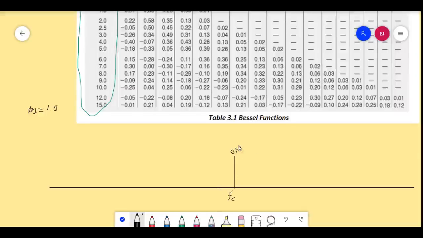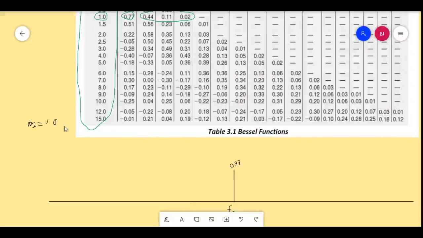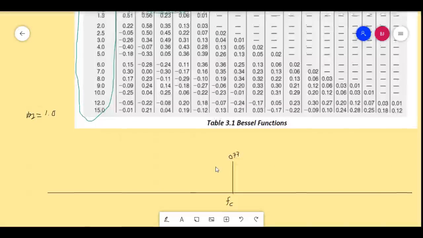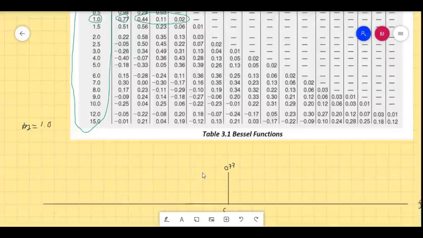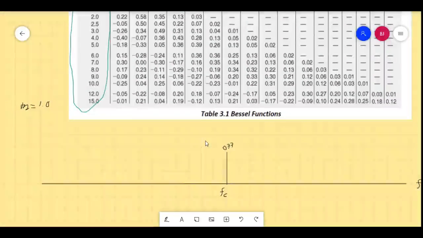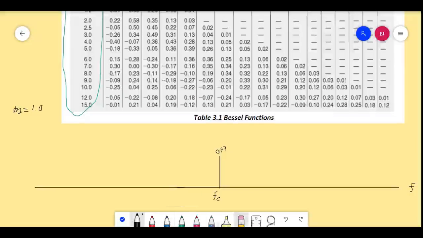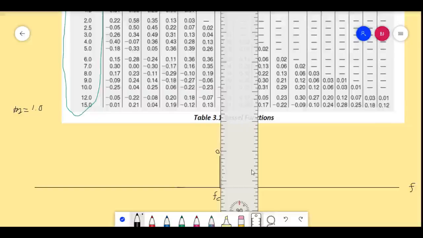So again, this part here is represented by this one. We have a modulation index of 1. We draw the carrier first, put a vertical line corresponding to 0.77. Next, we put in our first set of sidebands. Now, it should be smaller, so it's up to you how you would scale it compared to 0.77.